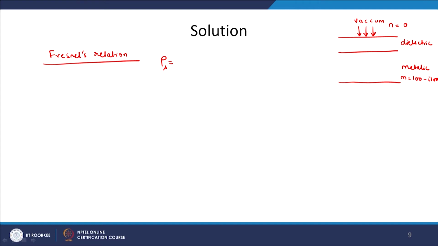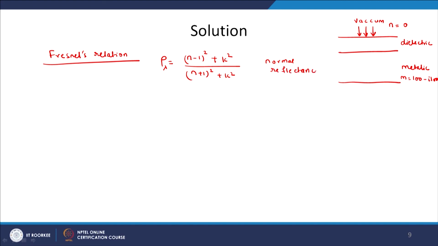So, let us write it in general: rho lambda is equal to n minus 1 square plus k square divided by n plus 1 square plus k square. This is the normal reflectance.